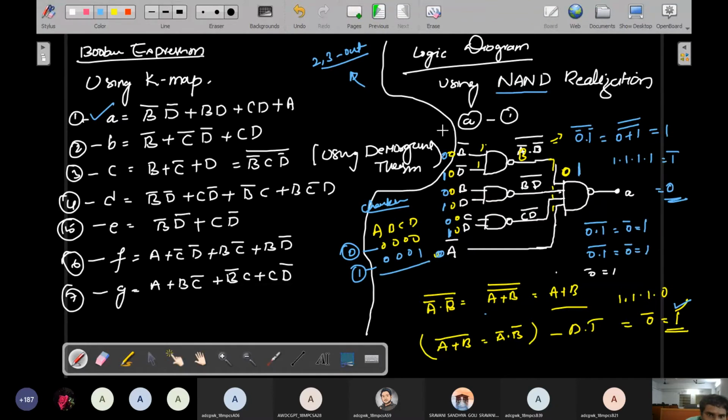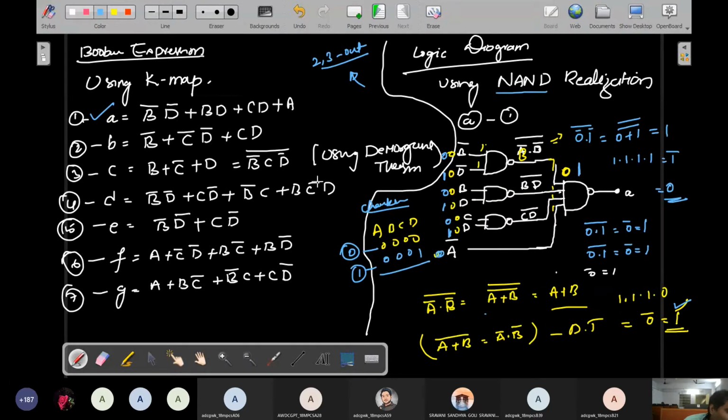Okay, for the last checking you will write 'checking' and just underline it, and simply follow these rules and you will get the final answer. So you will write the verification also. This is called the verification process. If the output is correct, we select the inputs, and based on those inputs, you verify whether your output is working perfectly or not. So this is the theory.